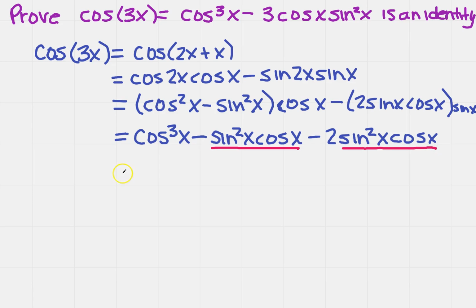That means that I can combine like terms. So this becomes the cosine cubed of x minus, so I've got minus 1 minus 2, so that's minus 3 cosine x sine squared x. Now the only reason I changed the order is so that it would look just exactly like what we started with. So this shows that this is an identity.